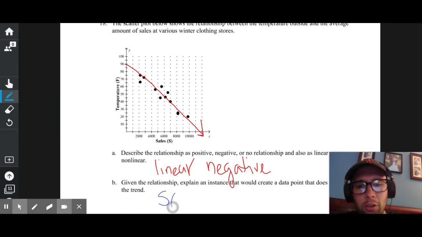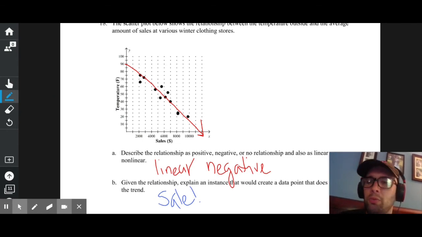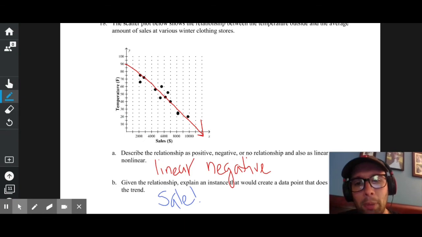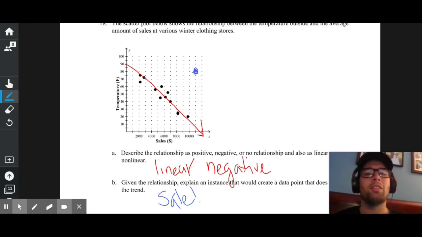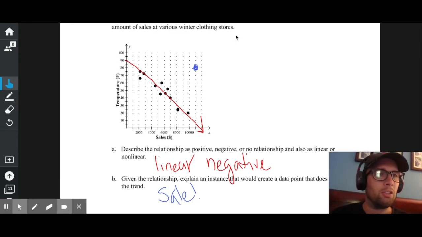So maybe it's really hot outside and someone says, everything is 50% off, and all of a sudden you get 10 times more people. It's really hot outside, but all of a sudden we're making a whole lot of money. I don't know. So that's just an instance. As you can see, my creativity in the last 5 seconds just dipped. But that's all right. We're almost done the problem.